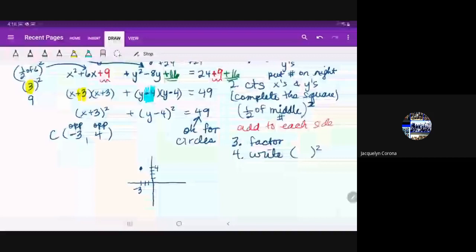It's the square root of 49. But what do I use it for? Anyone remember?